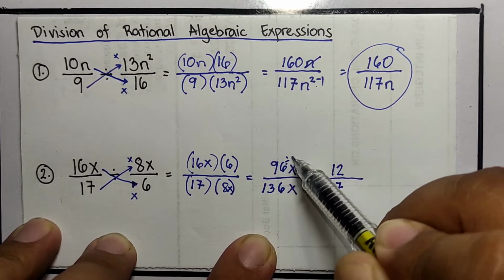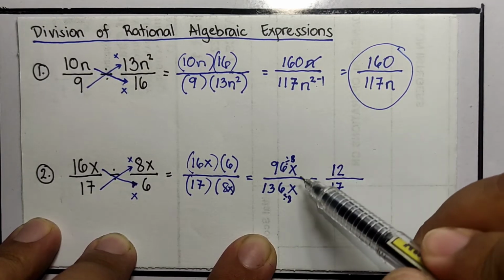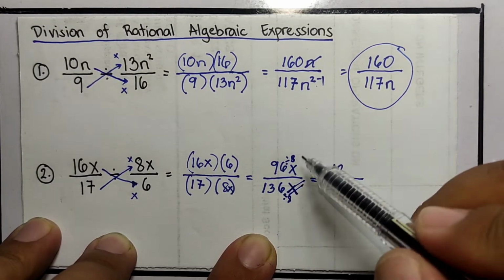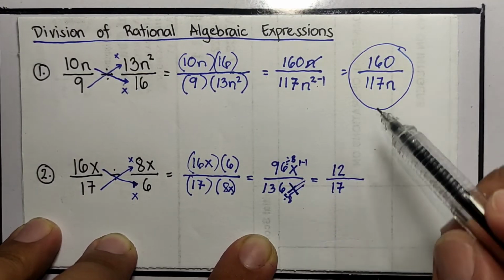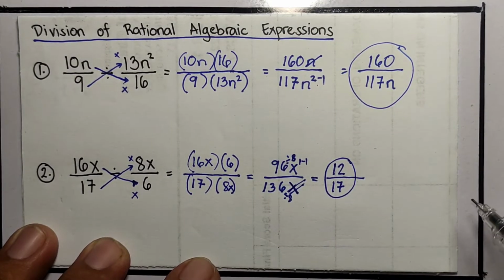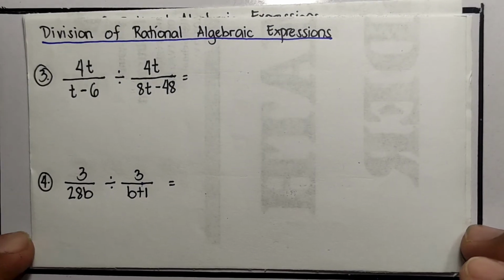Next, x and x cancel out, leaving 1. Therefore, 12 over 17.